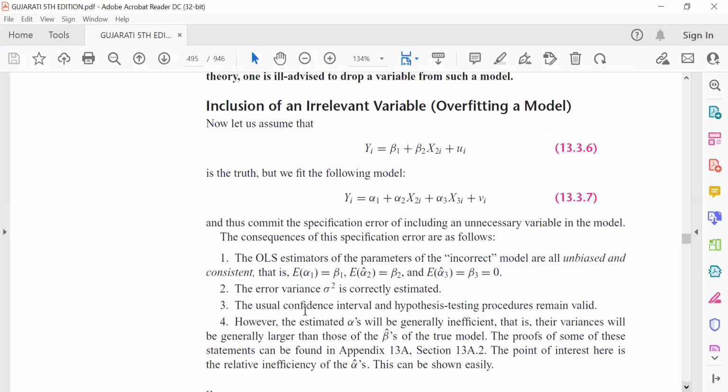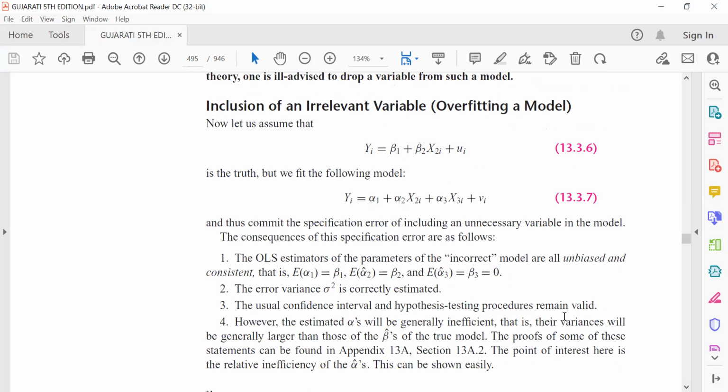Okay, the LS estimators of the parameters of the incorrect model are all unbiased and consistent. Expected value of alpha 1 is beta 1, alpha 2 is beta 2, but alpha 3 is 0. The error variance is correctly estimated. The usual confidence interval and hypothesis testing procedures remain valid.